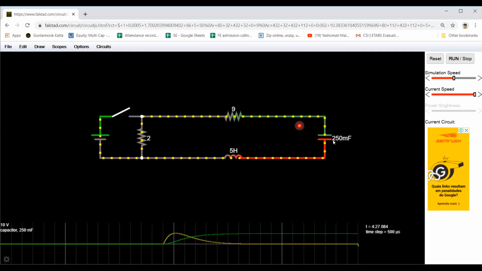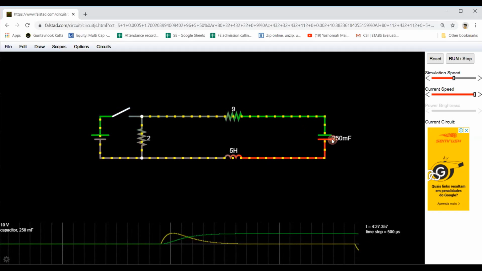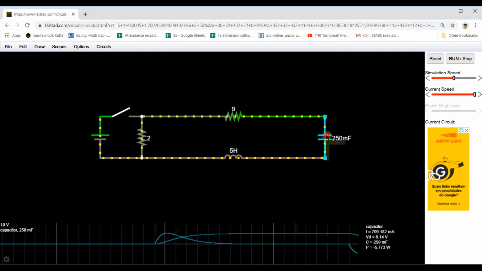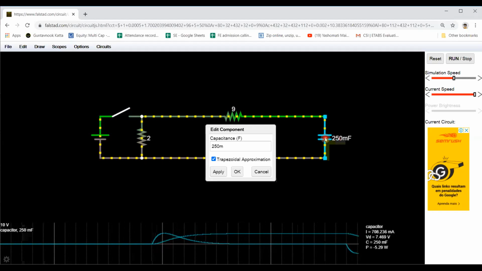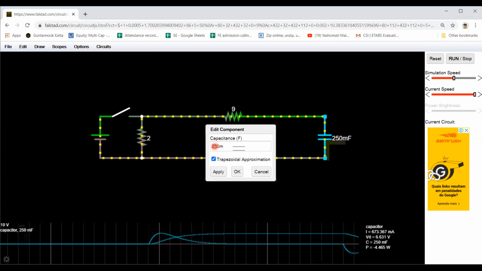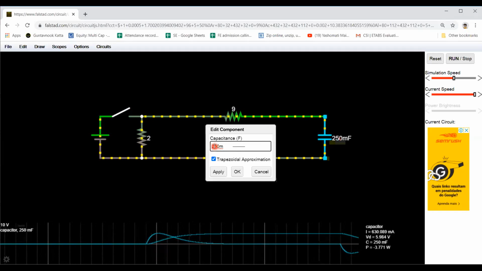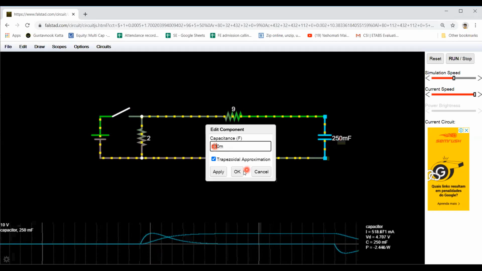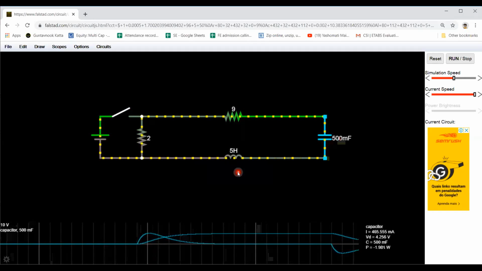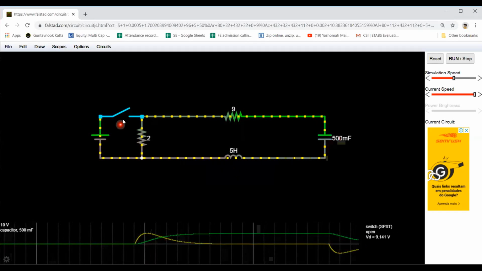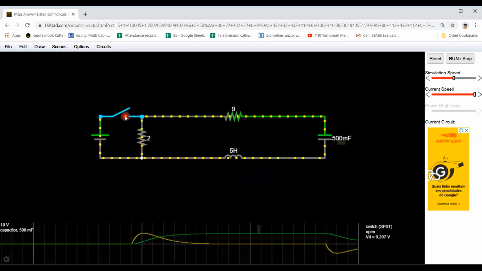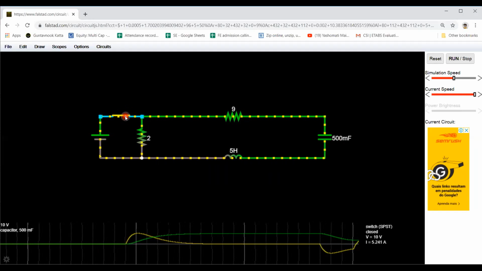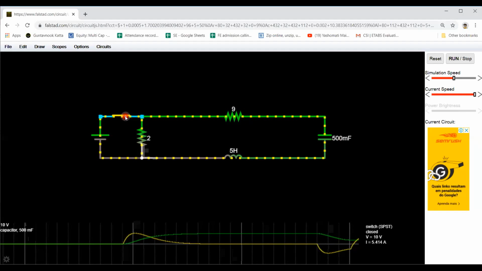Okay, so I'll make this change. First I'll open this switch. I'll change the capacitor value to 500 millifarad. So if I make it 500 millifarad and then put this switch on, let us observe what will be the nature of response.